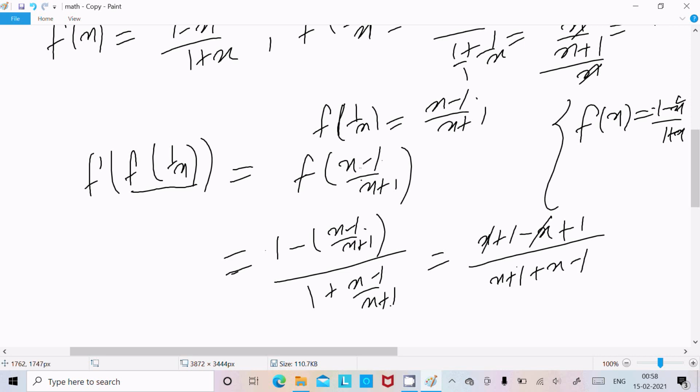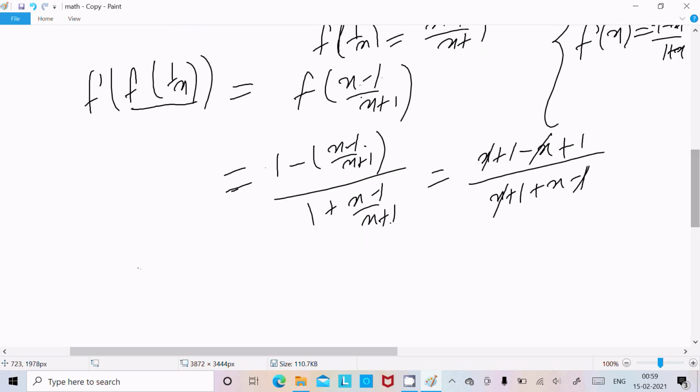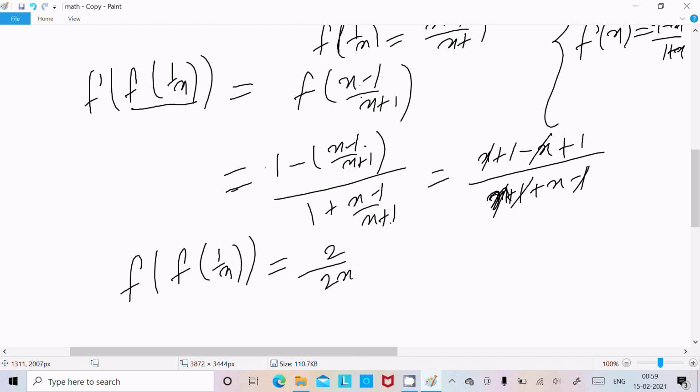So here 1 and 1 cancel, not x, and x plus x is 2x. Now the value of f of 1 by x comes 1 by x.